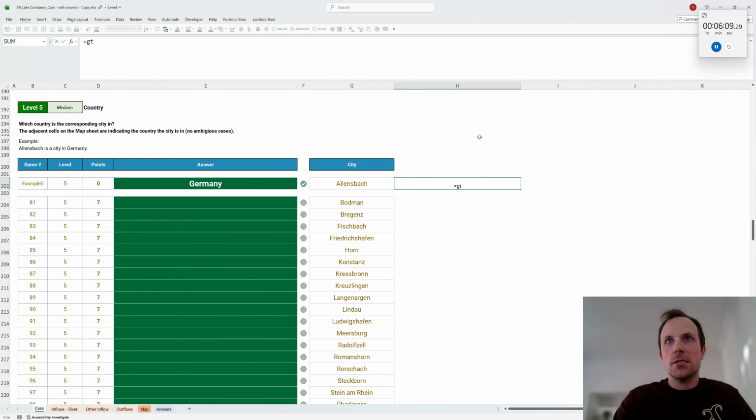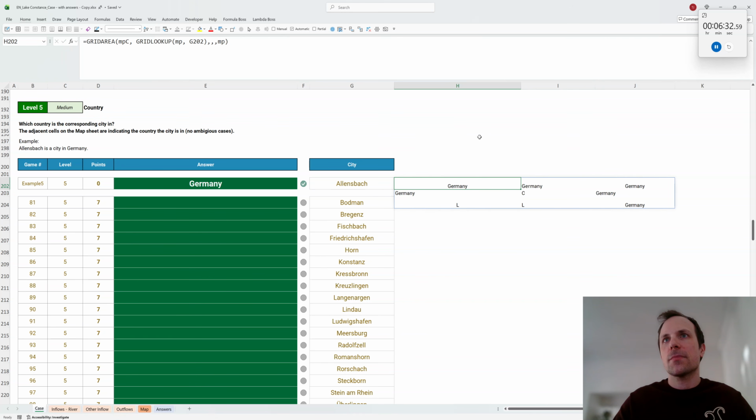So what I did here is I looked up, using my grid lookup, from the map, this guy, which tells me where it is. Then we want an area around that to find the adjacent cells on my translated map, and I have to put the original map as the origin to make sure we're in the right place.